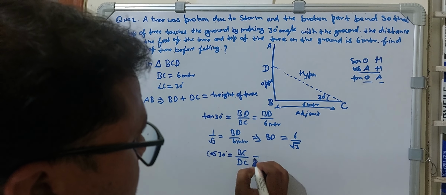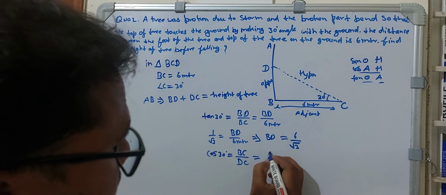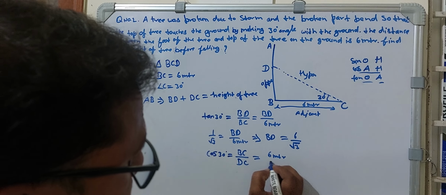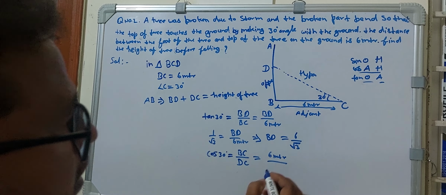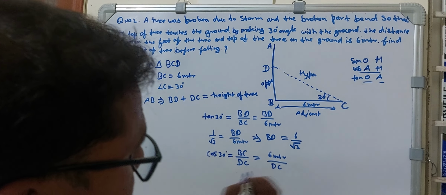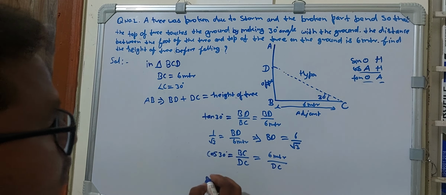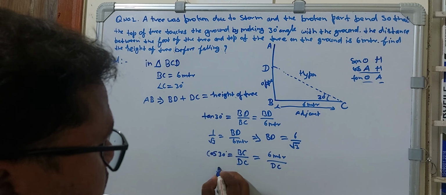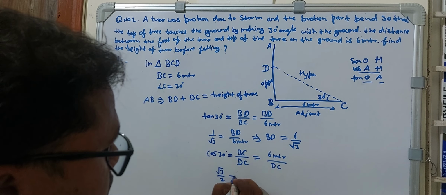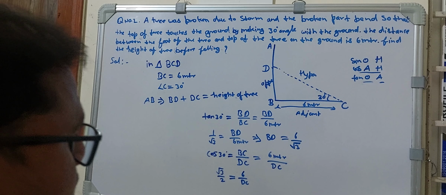So BC by DC is equal to what? BC is 6 meter, and DC is hypotenuse, which we don't have, we will write DC as it is. Now cos 30 value will be root 3 by 2, root 3 by 2 is equal to 6 by DC, you can write.